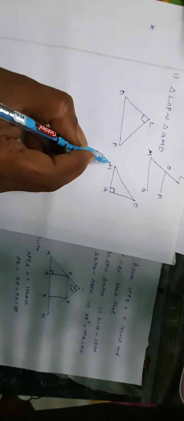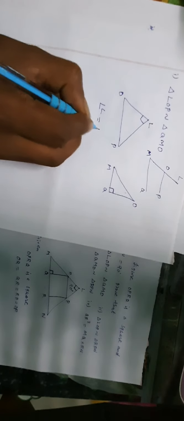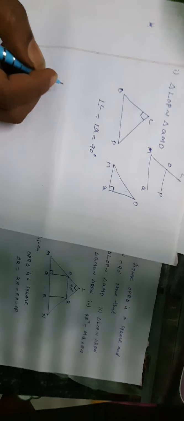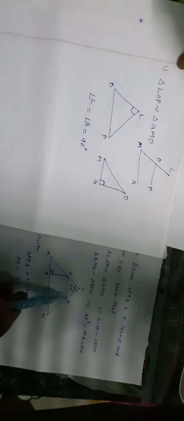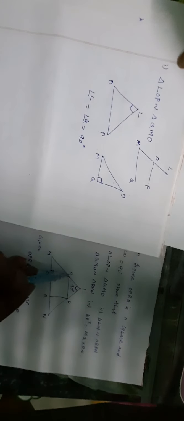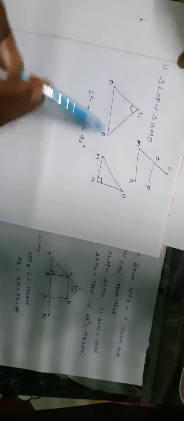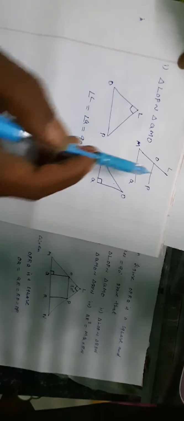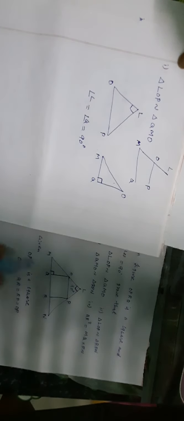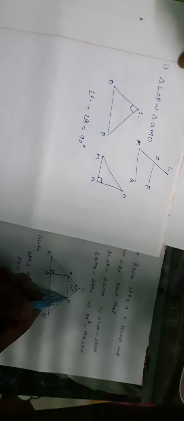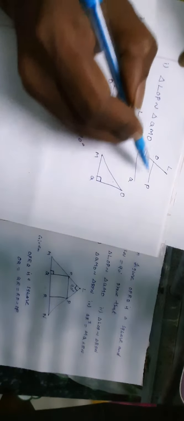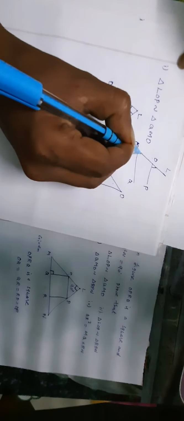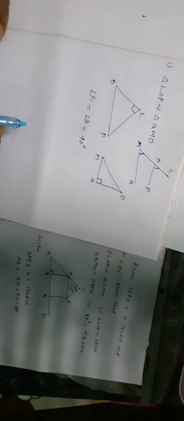So from these two triangles, angle L is equal to angle Q, because both are 90 degrees. In triangles LOP and QMO, which you want to prove similar, from the given diagram, taking lines LOP and MQ, angle O is equal to angle M.